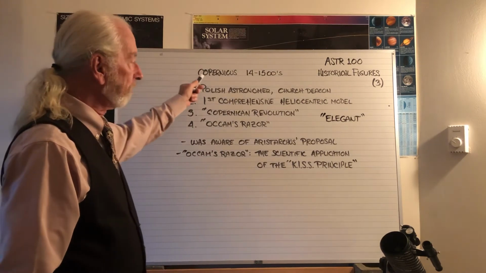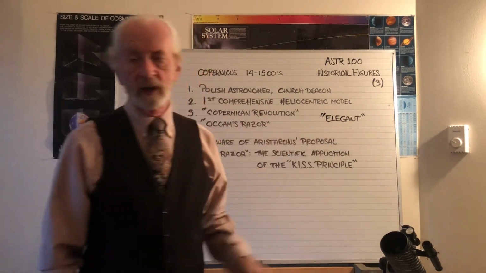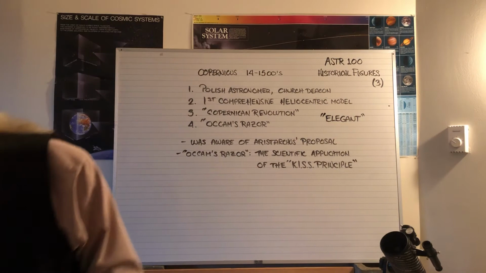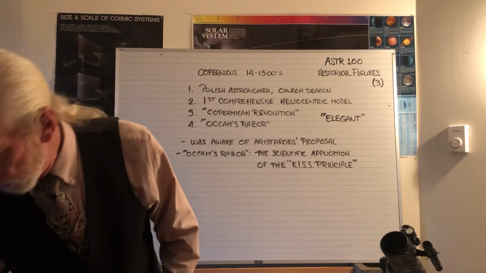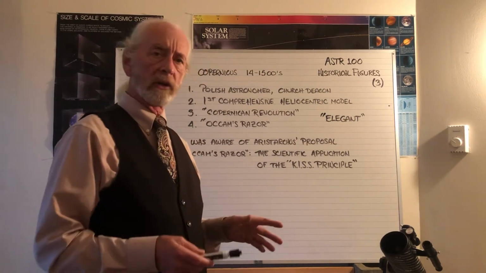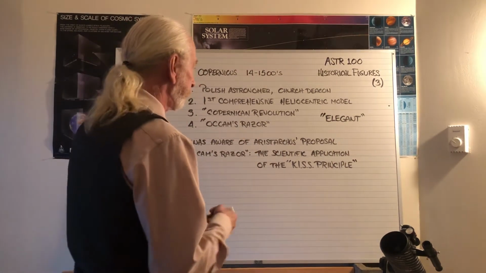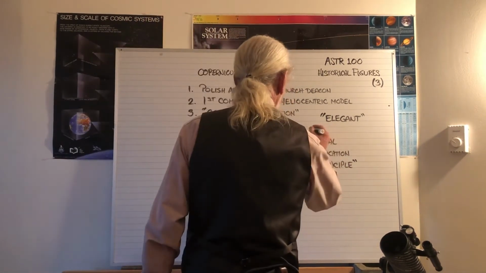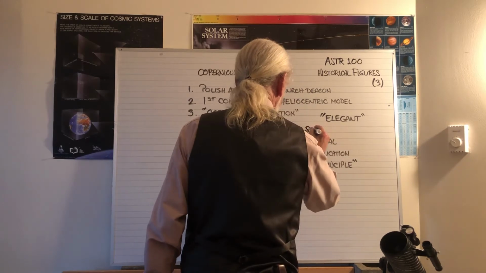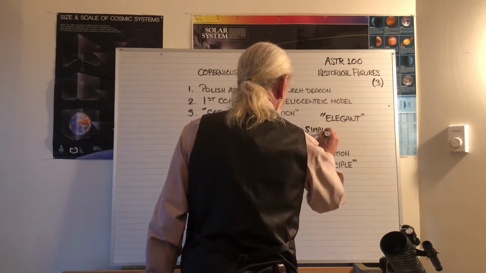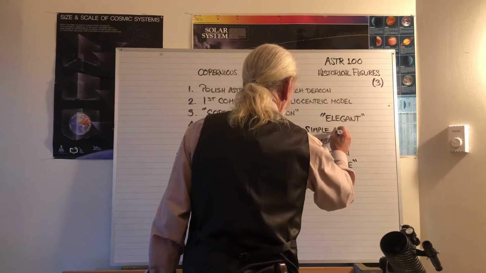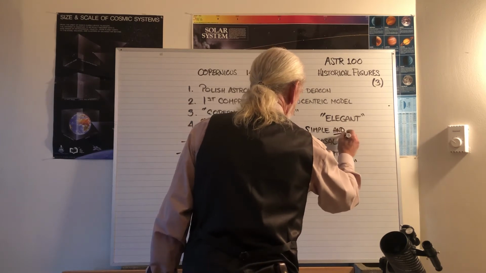The Copernican model was elegant. And when we say something is elegant in science, in math, what we mean is it is simple and comprehensive.